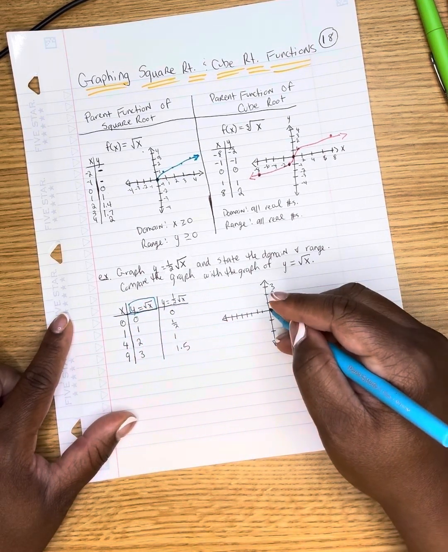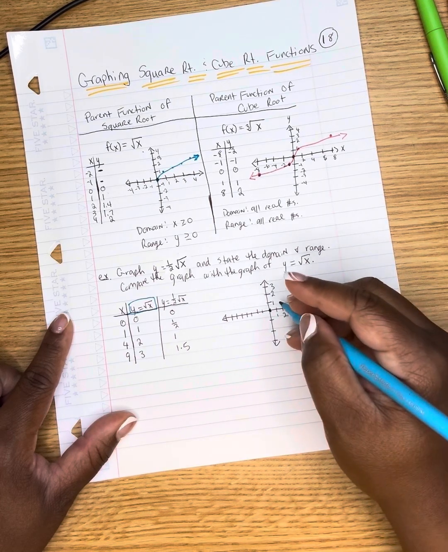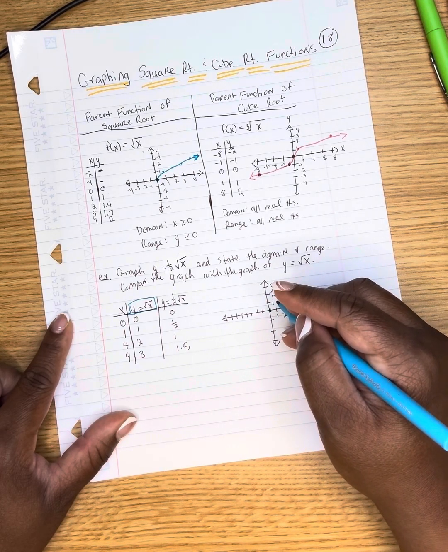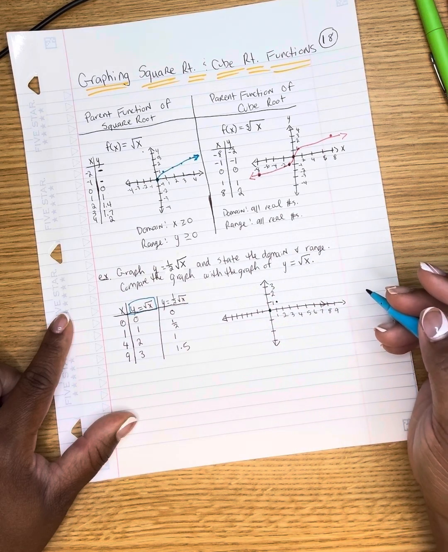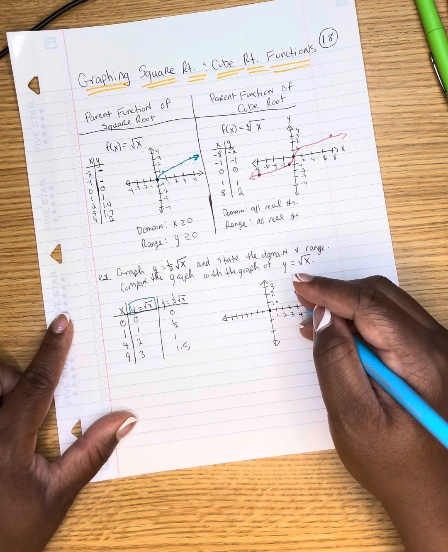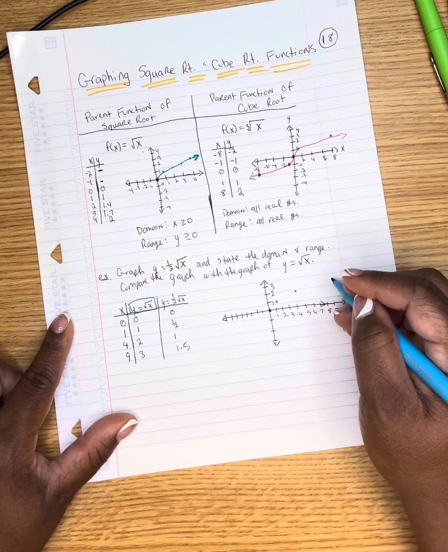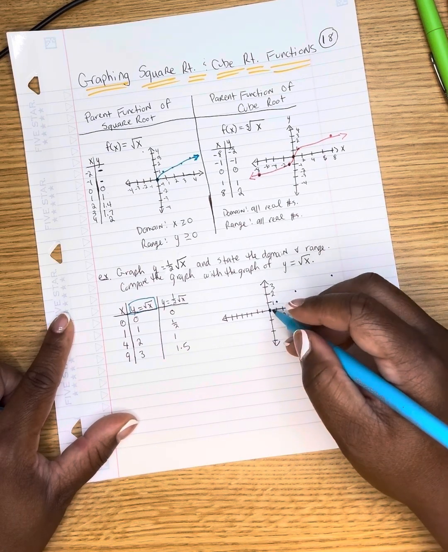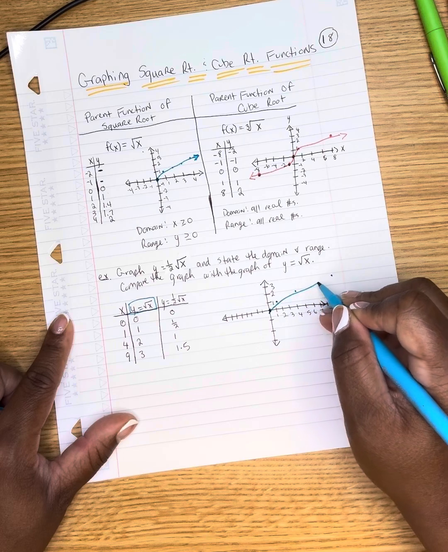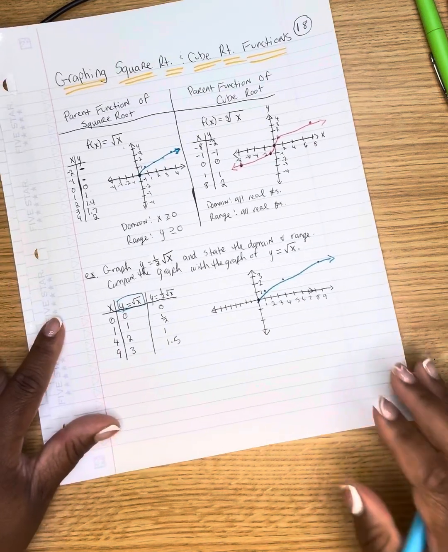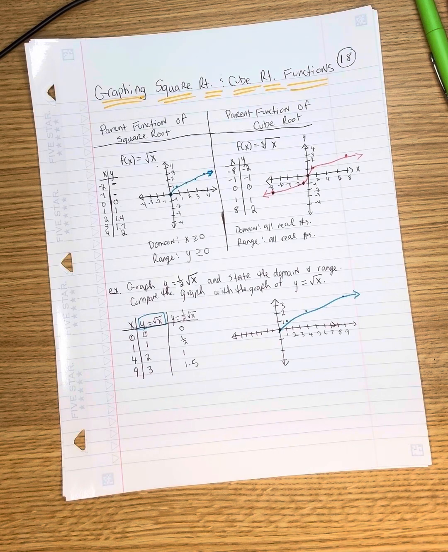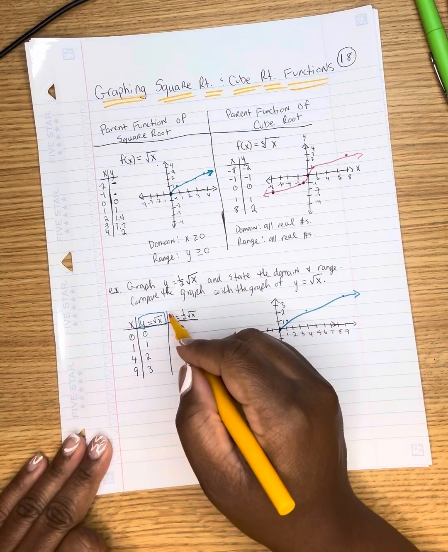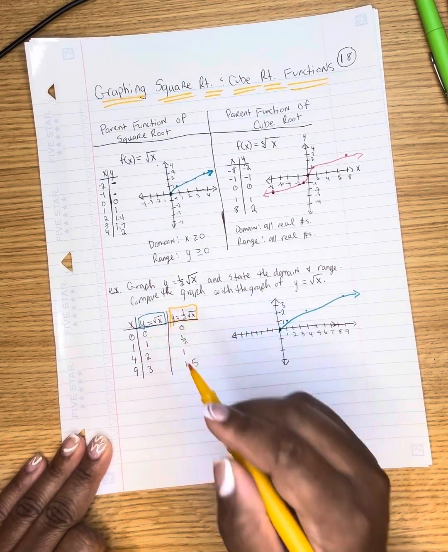So it'll be 0, 0, 1, 1, 4, 2, and then 9, 3. Right? That's what the parent function looks like. And then we're going to do y equals 1/2 square root of x.